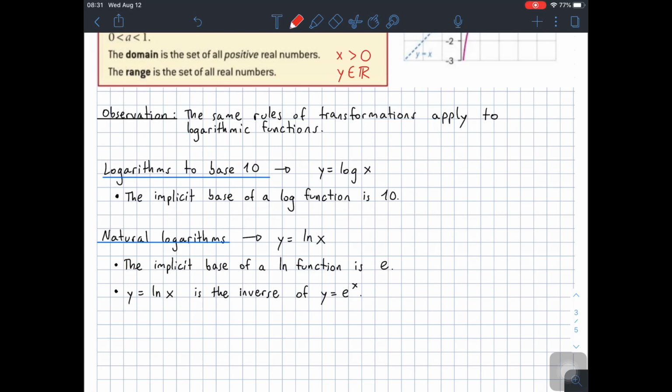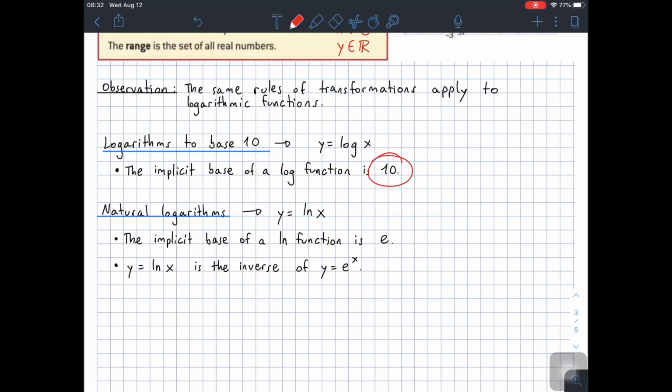Just as when we write, for example, 2x and don't write an exponent for the x, we assume that the exponent is 1, right? So the same thing occurs with log. Whenever you see log of x, there's an implicit base of 10, unless the exercise explicitly states another base, for example, log base 2 of x, okay? But when we don't see a base, we assume it's 10.